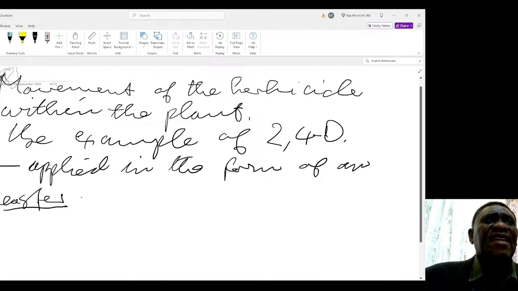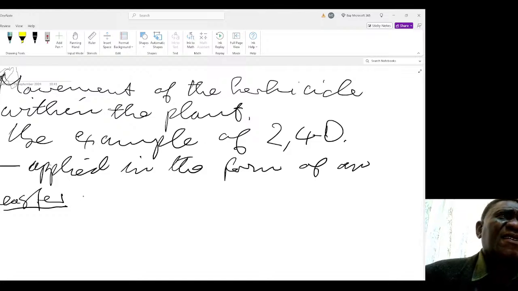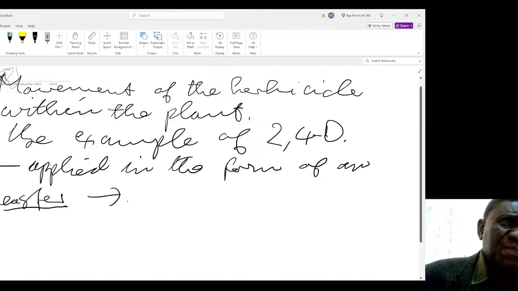The reason is that the ester is able to pass through the cuticle. This improves entry of the herbicide into the plant.